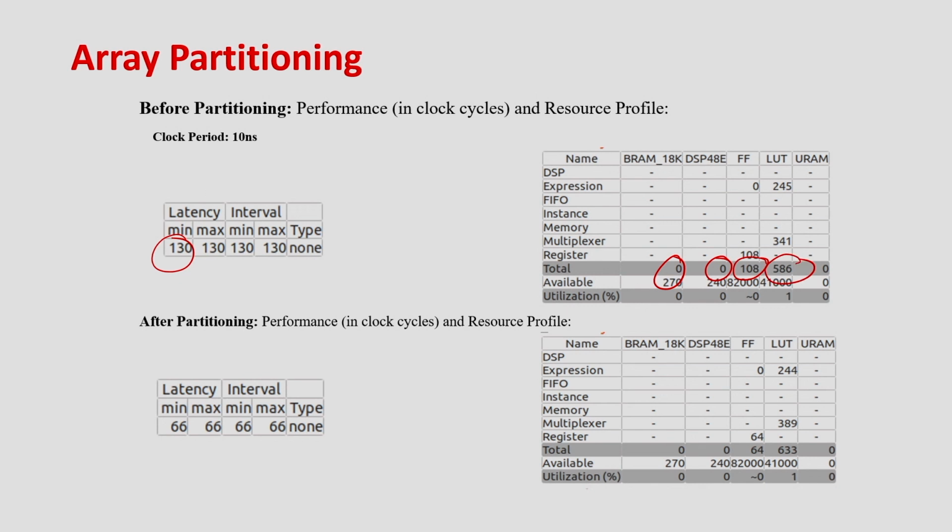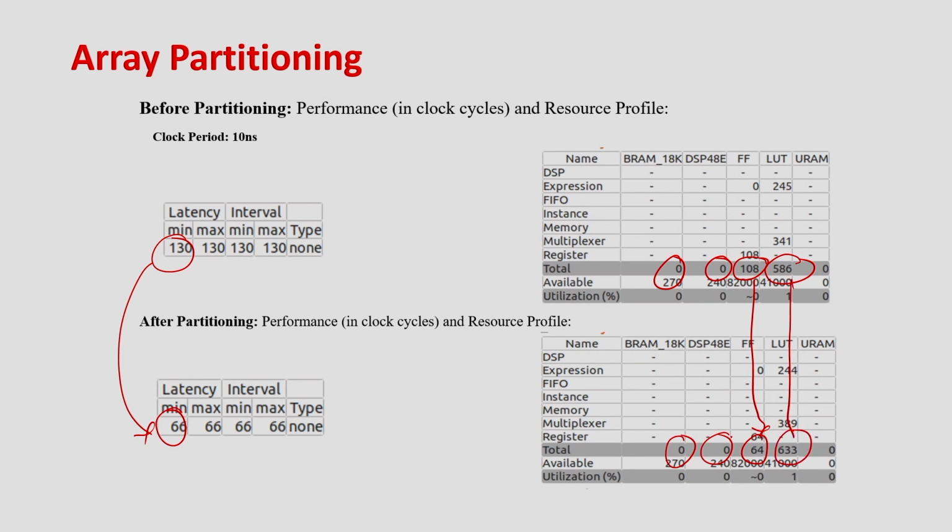Now think about this after manual array partitioning. Since I partitioned the array into 2 arrays, my latency is almost half, right. So latency improves, double, so your performance basically doubles. And if you look into the resources, again there is no block RAM, no DSP, but I can see the flip flops reduced to almost half, and LUTs increased a little bit because of managing this partition.